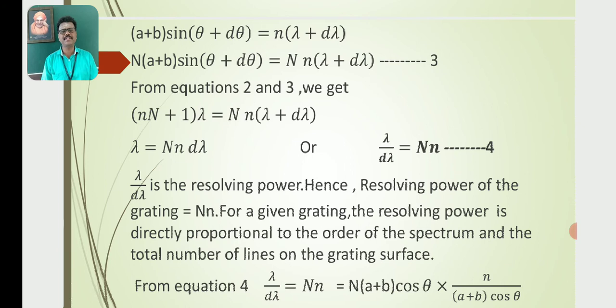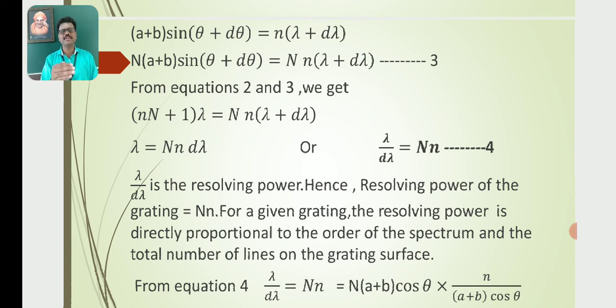Hence from equation 4, the resolving power is equal to capital N into small n, where capital N indicates the number of slits present on the surface of the grating, and small n indicates the order of the spectrum.